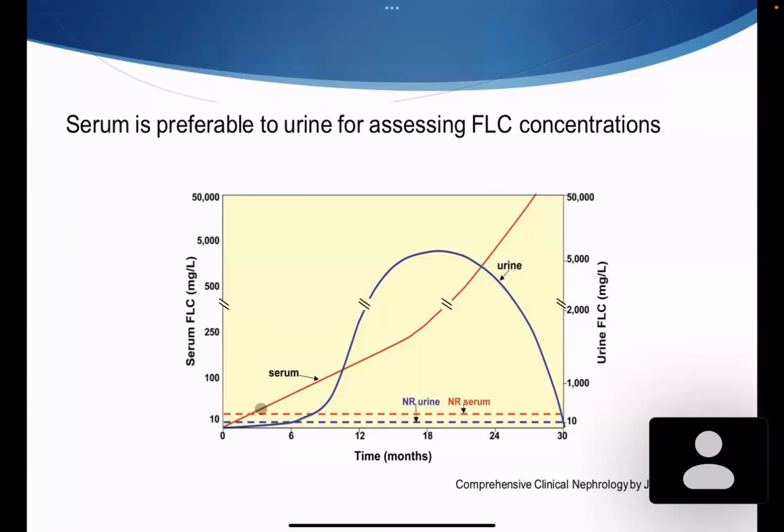Because it appears in the serum earlier and it persists later.